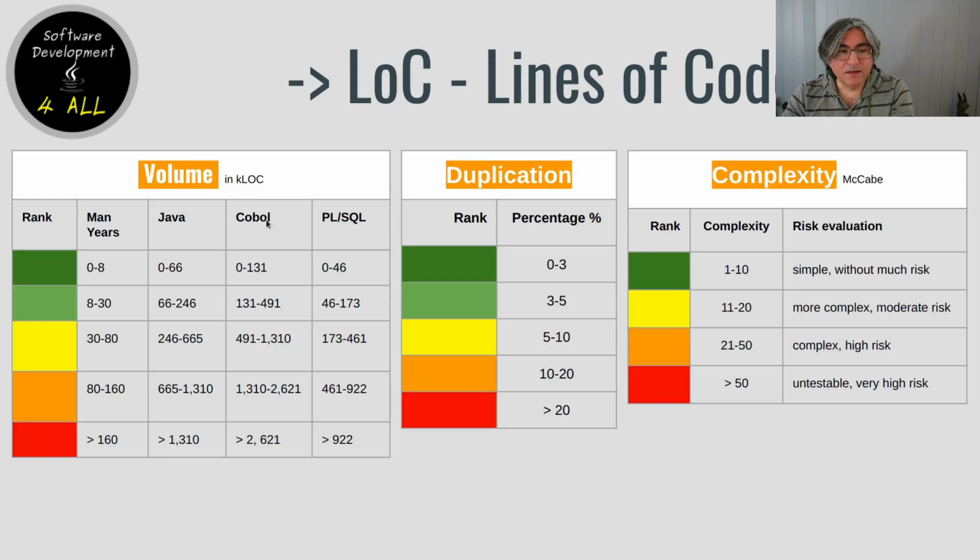The volume is an indication of the number of man-years used. For Java, the KLOC is the kilo, which is 1,000 lines of code. So for Java code, 0 to 66,000 lines is in relation to an approximate work effort of 0 to 8 years, and 66,000 to 246,000 is 8 to 30 years, and so on and so forth.